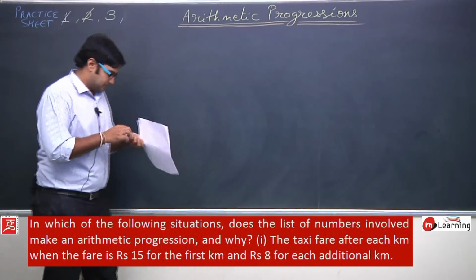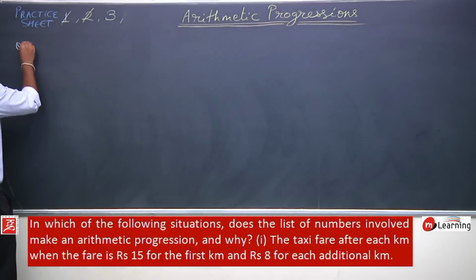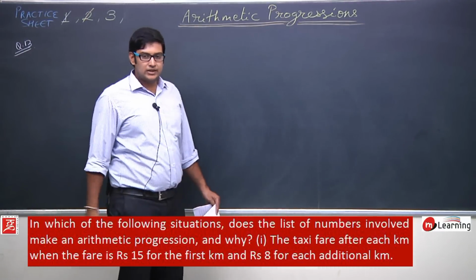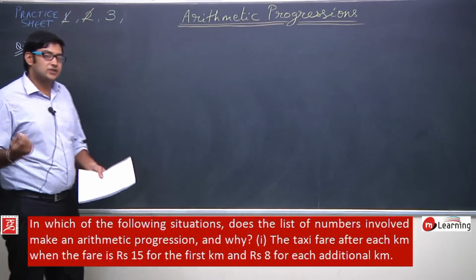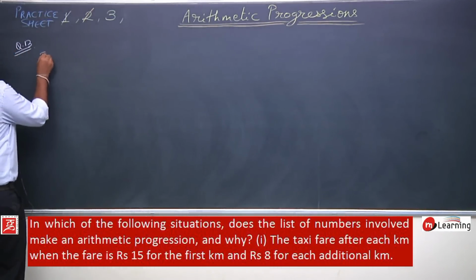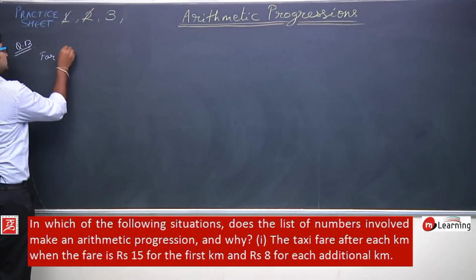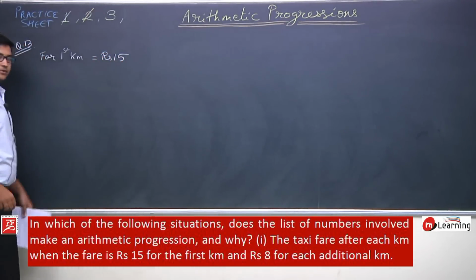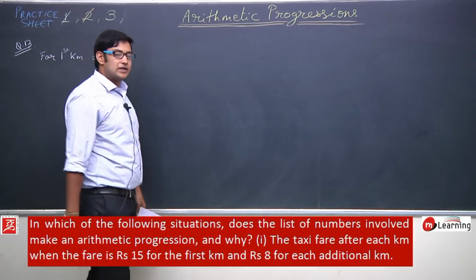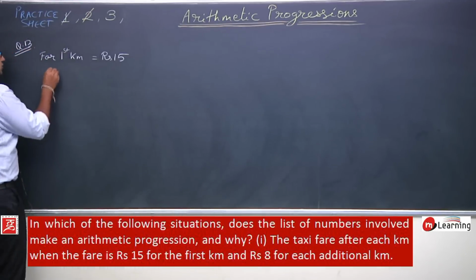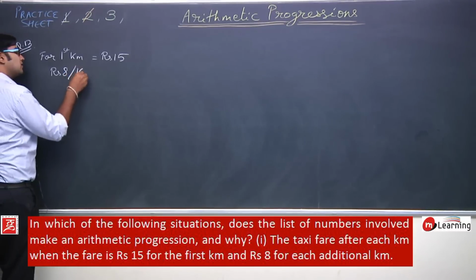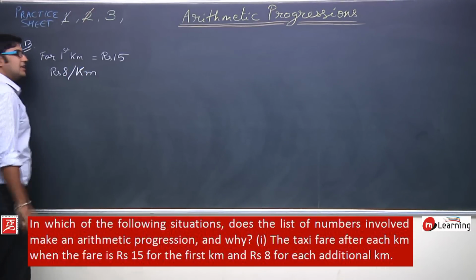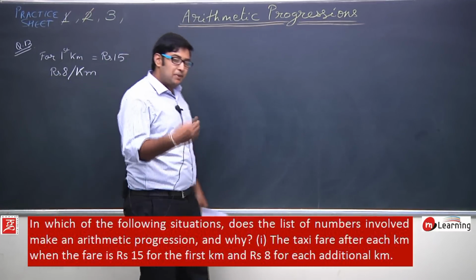So the driver of the taxi will tell you that if you hire the taxi for the first kilometer you need to pay rupees 15, and for every additional kilometer you need to pay rupees 8 per kilometer.